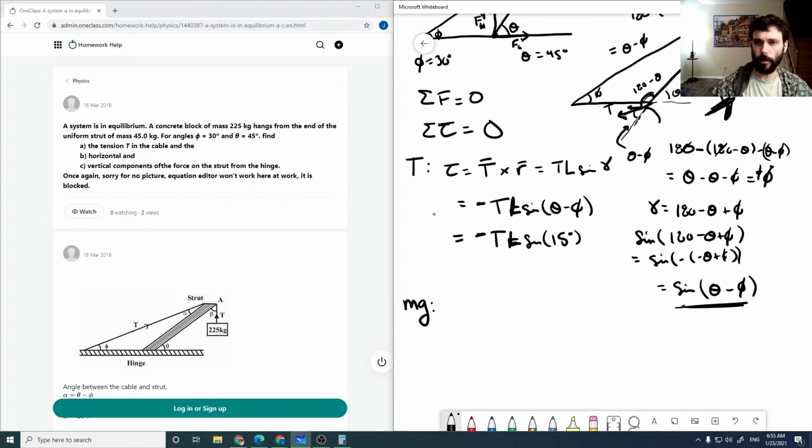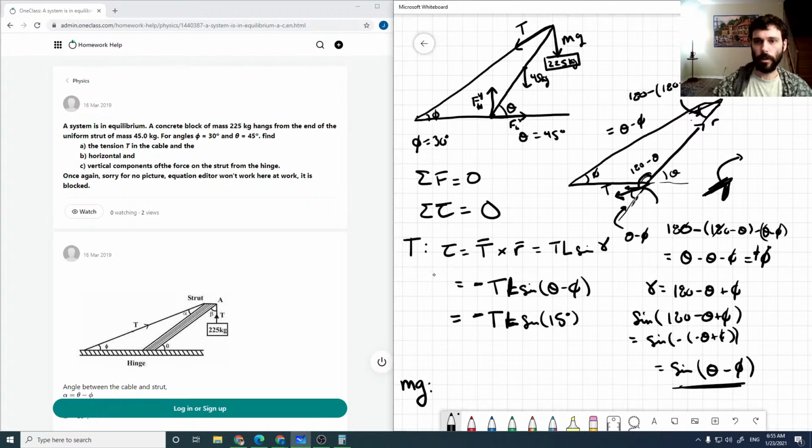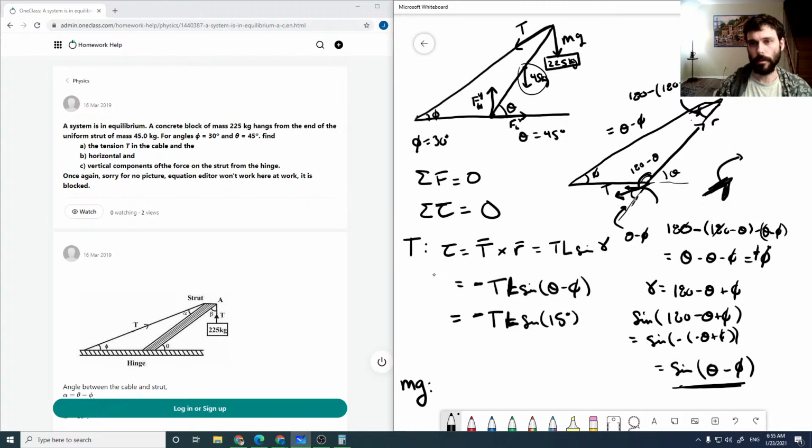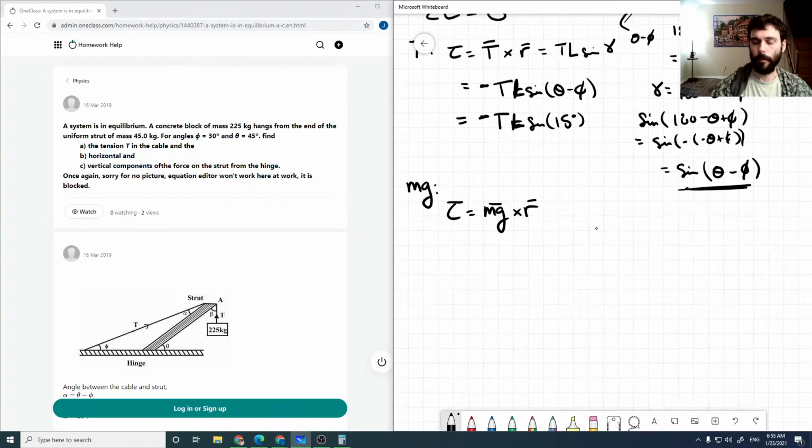So our mg force for the strut. This one I should have said, so not the 225 kilogram. Our torque is now mg cross r. I'm just putting kind of a vector symbol over the whole thing, which is a little inappropriate, but that's okay.